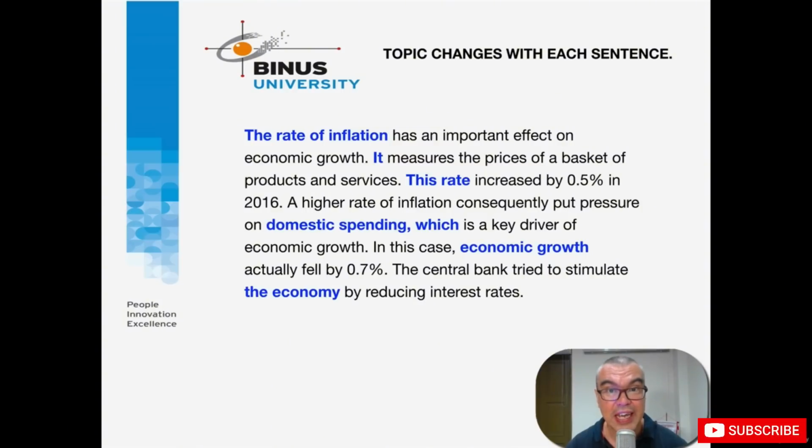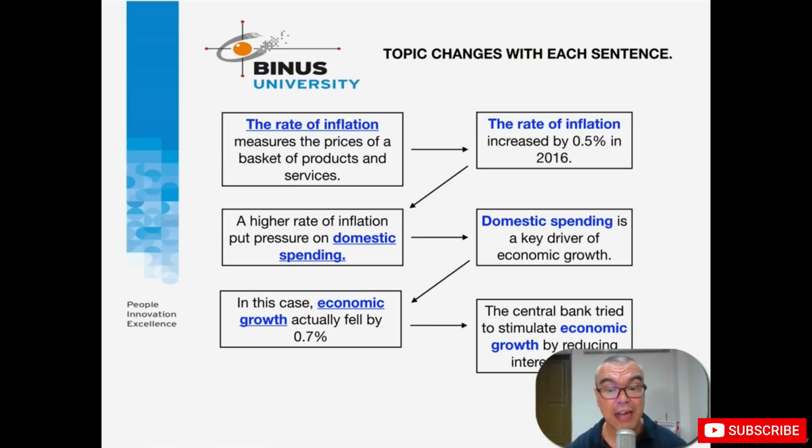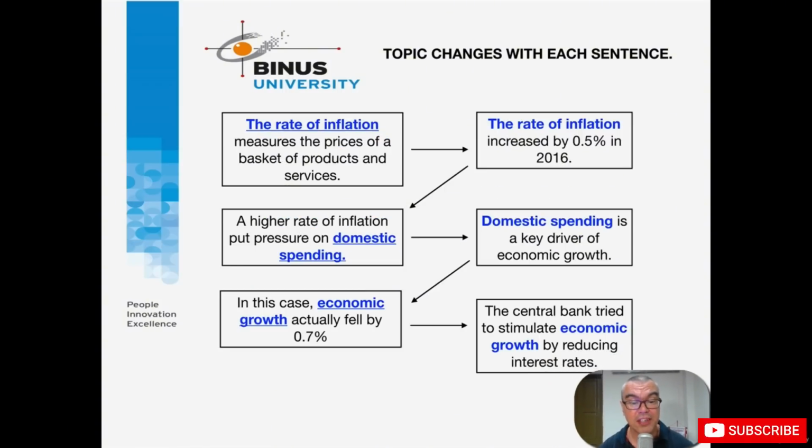As you can see here, the topic within the paragraphs actually changes. So we started off with the rate of inflation, but we also have domestic spending and economic growth. If I break this paragraph down, we have this pattern. You can see that it starts off with the rate of inflation in the first row and then introduces domestic spending.